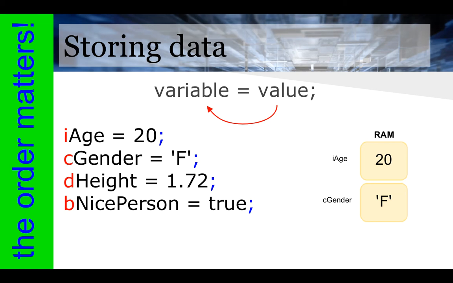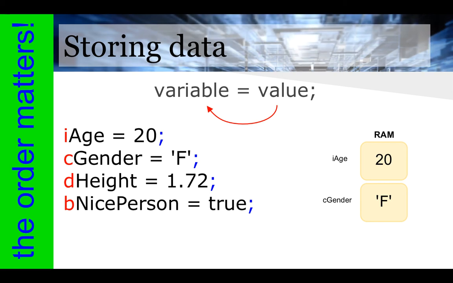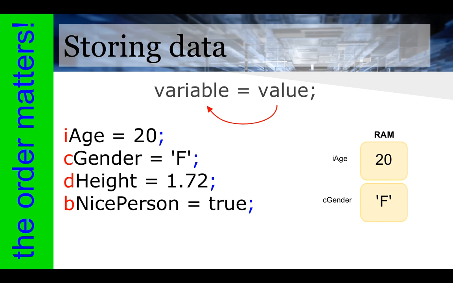We're not going to be storing the whole text female or male, or assigning a number for female or another number for male. It's just a character. Then in the other example, height: D is for double. That means that it has a decimal point. It's a floating point number, basically. And finally, we have another example with the variable name of nice person.